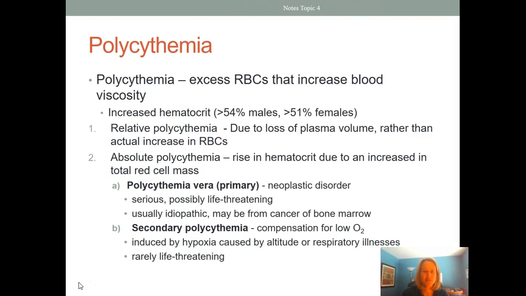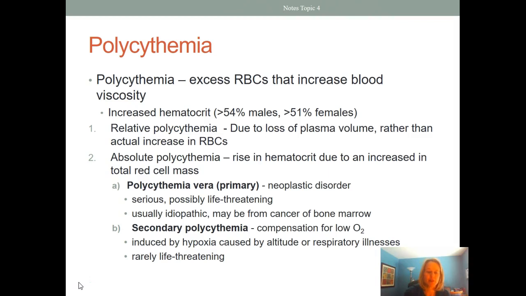Relative polycythemia is not a true increase in red blood cells. Rather, this is due to a loss of plasma volume. So for instance, we have relative polycythemia in dehydration. So we lose plasma volume, but not actually red blood cells. But our hematocrit is high because we have less plasma volume.